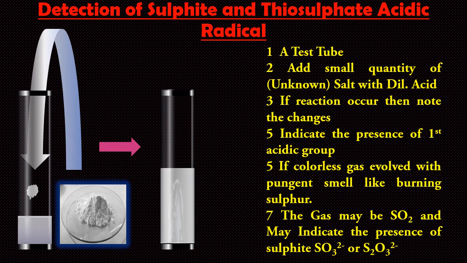So we can say that the gas evolved is SO2, which may indicate the presence of sulfide and thiosulfate acidic radical group. Further, how can we confirm it? We do different indication and confirmatory tests.